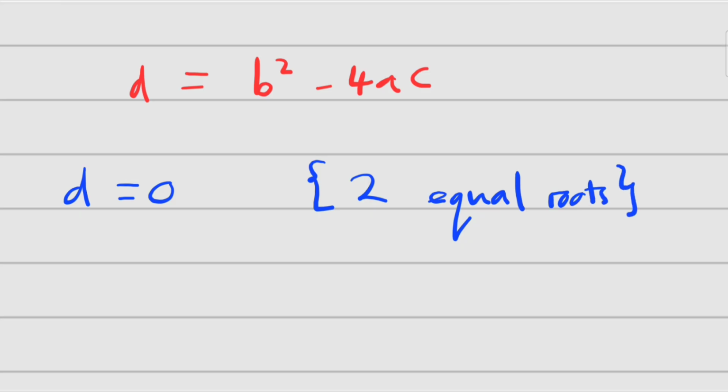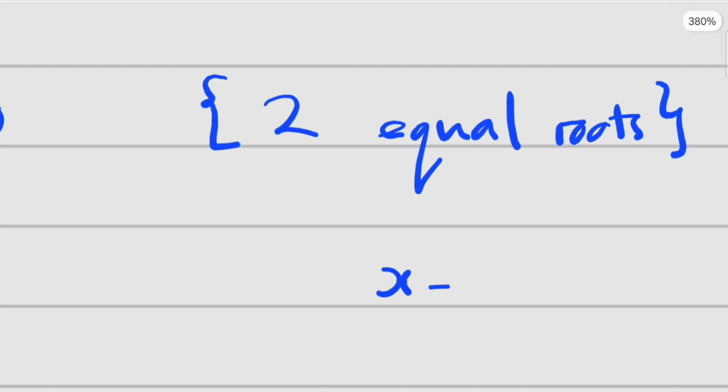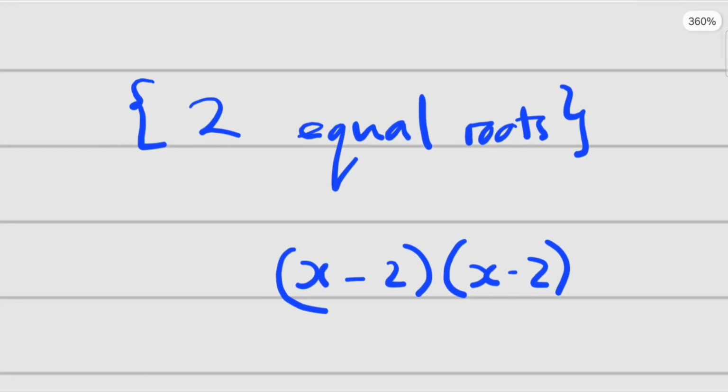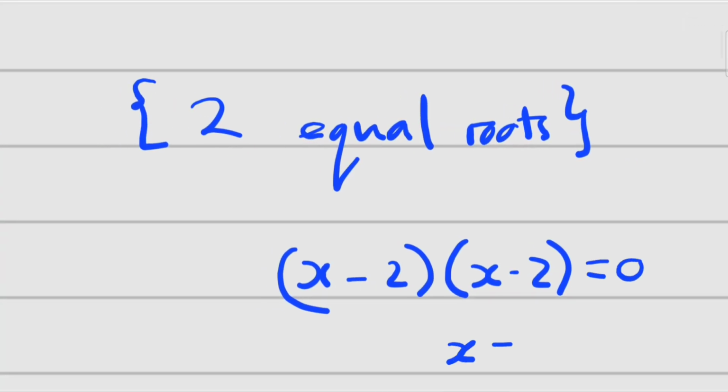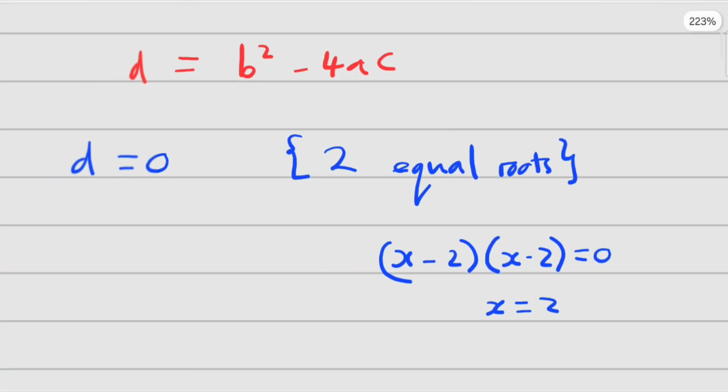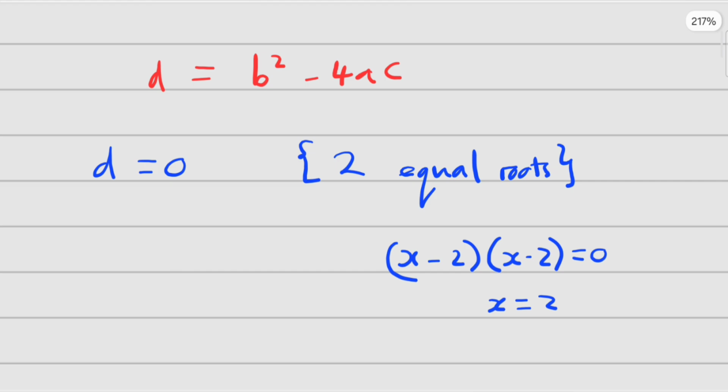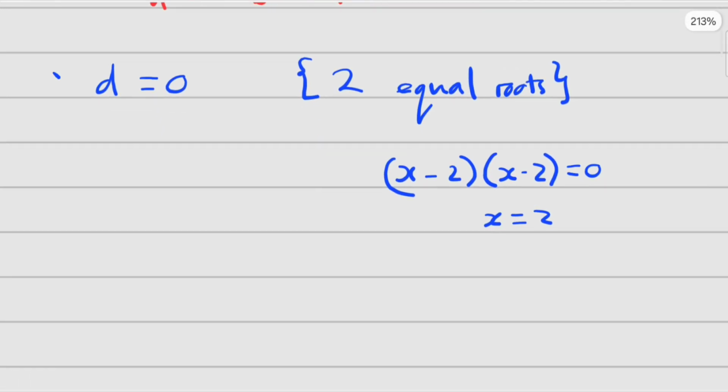In other words, we have two equal solutions, right? This way we get something like maybe x minus 2 equal to 0, where we get x equals 2 twice, right? So we have two equal roots when our discriminant is equal to 0.